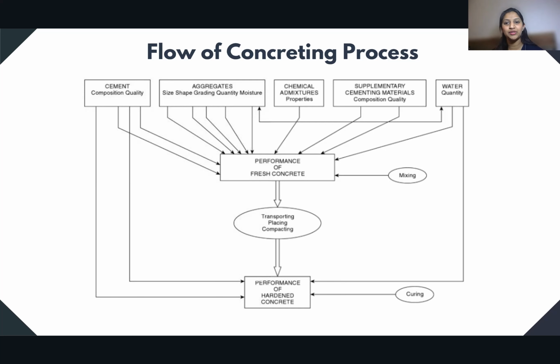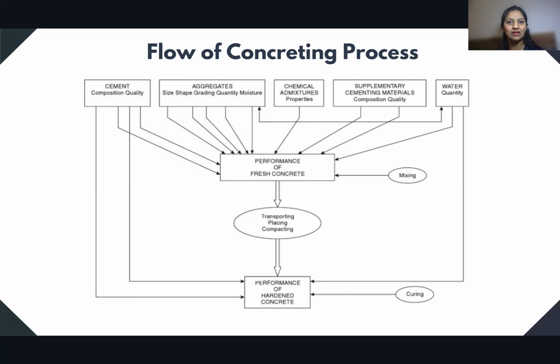And then coming to the supplementary cementing materials, just in case, the composition and quantity of the cement for it to bind, and what exactly are the alternative supplementary materials that can be used for the concreting process.